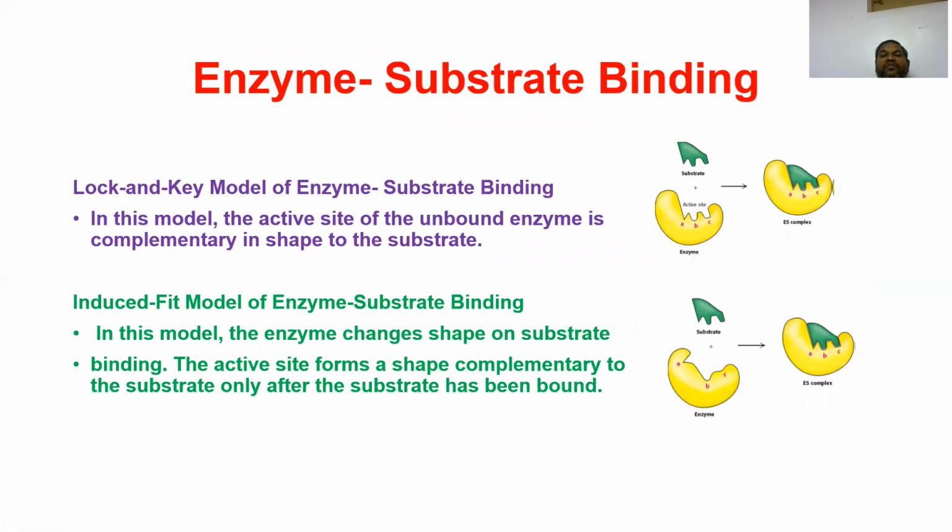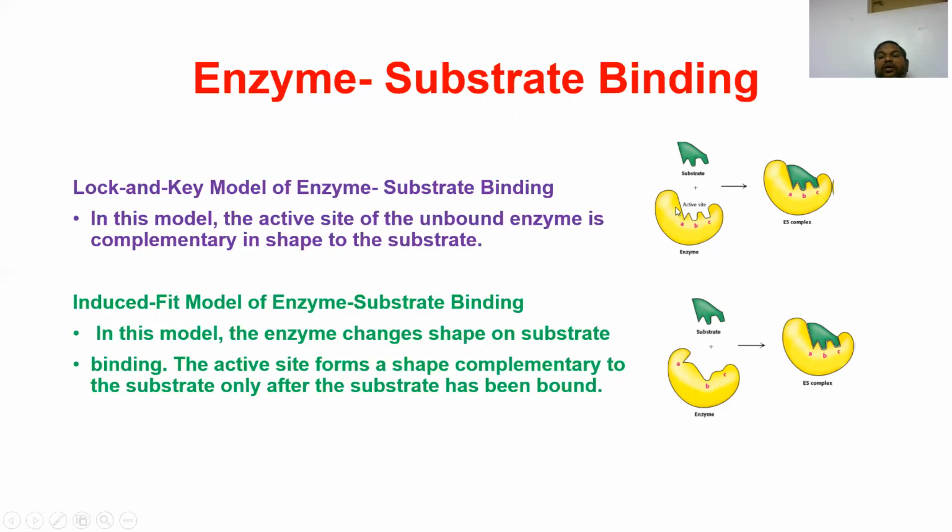Now, enzyme substrate binding. How do enzyme and substrate bind to each other? There are two different mechanisms proposed for the binding of enzyme and substrate. One is the lock and key model. In this model, the active site of the unbound enzyme is complementary in shape to the substrate.